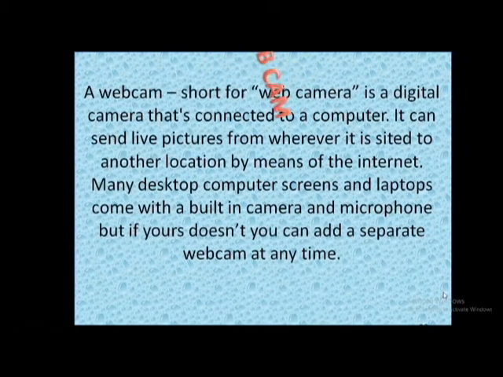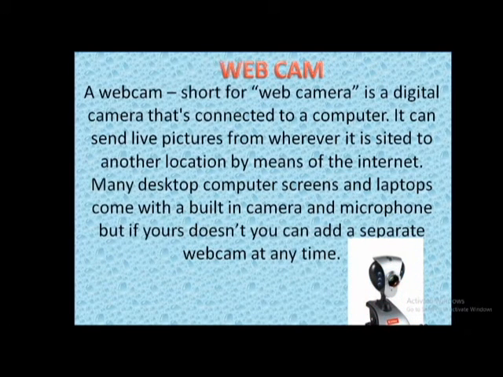Another example of an output device is the webcam. A webcam, short for web camera, is a digital camera that's connected to a computer. It can send live pictures from wherever it is situated to another location by means of the internet. Many desktop computer screens and laptops come with a built-in camera and microphone, but if yours doesn't, you can add a separate webcam at any time.